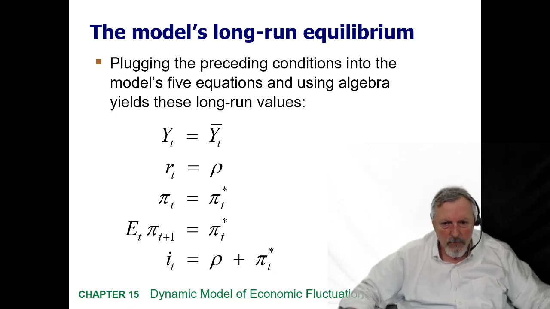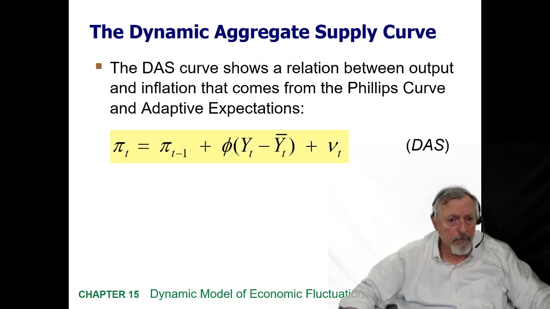Now that we have all of those, we can use these 5 equations to construct the dynamic aggregate demand and dynamic aggregate supply curves. Dynamic because now they can model the economy over time. Deriving the dynamic aggregate supply curve is almost trivial.